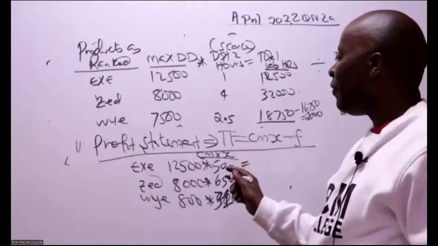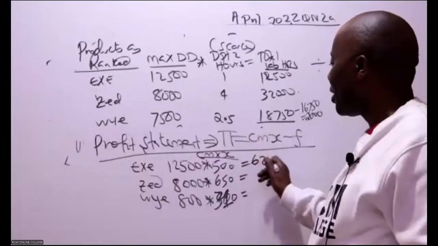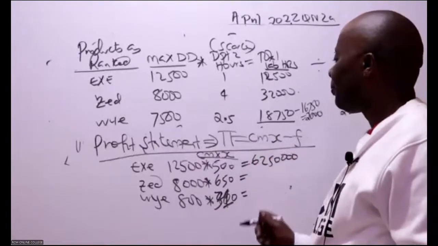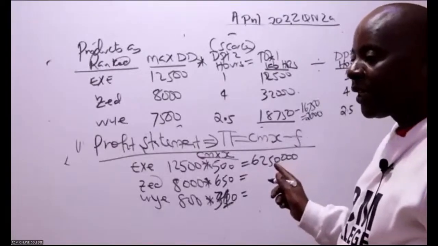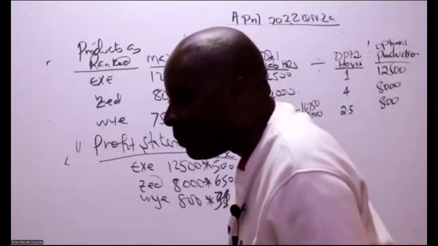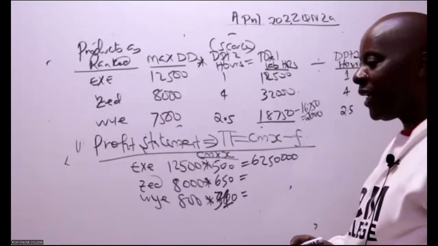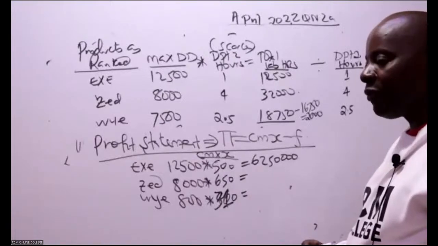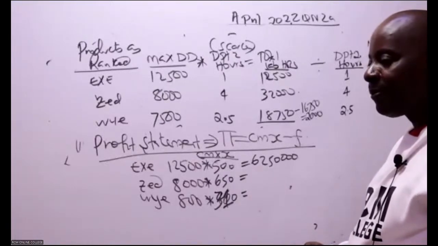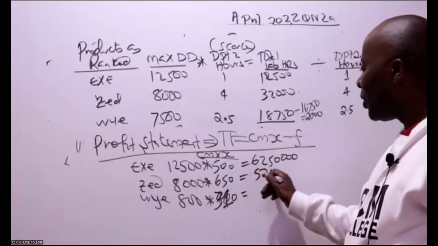So 12,500 times 500 gives 6,250,000. Then we have 8,000 times 650. I'm waiting for your answer. 5.2 million.